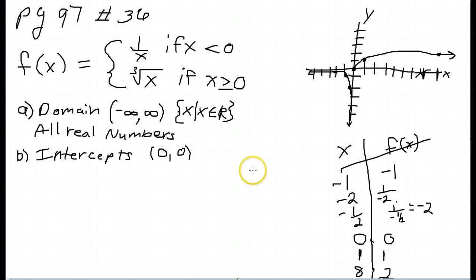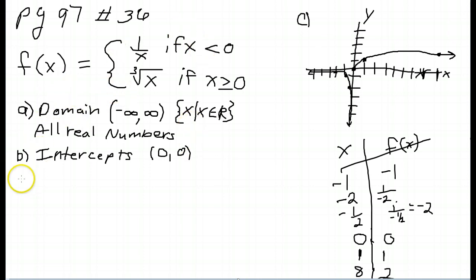Part C we've just done, so let me label this C, the graph. Now, part D, we are asked to find, based on the graph, find the range. Well, do we have positive numbers? Yes. And they go on continuously on our graph. We have 0 and we have negative values. So our range is also all real numbers.